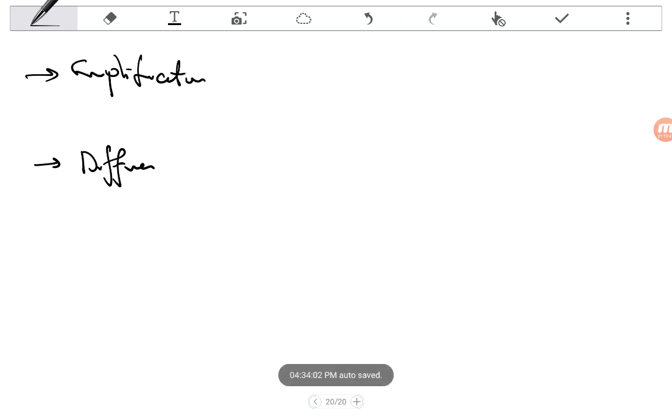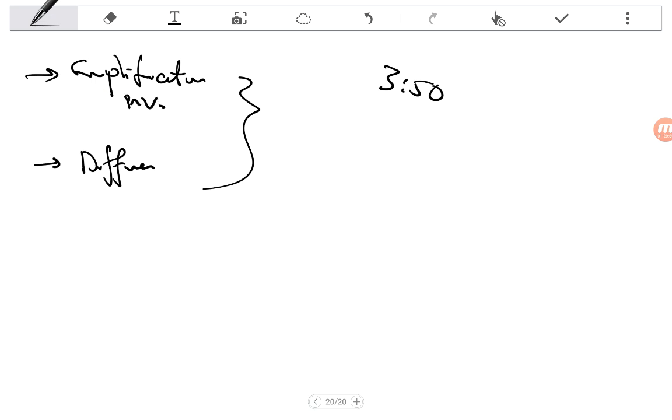Next time we will meet, we'll make it exactly 3:50, to substitute for these topics, simplification of inverse and differentiation of inverse functions. Today I arrived a little bit late, but next time I'll come early, okay?